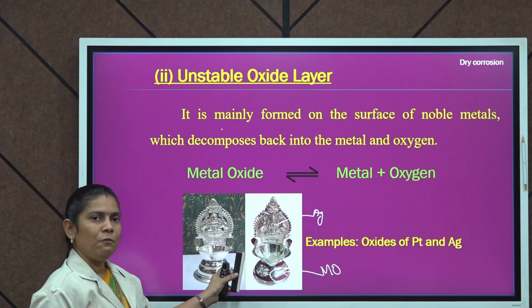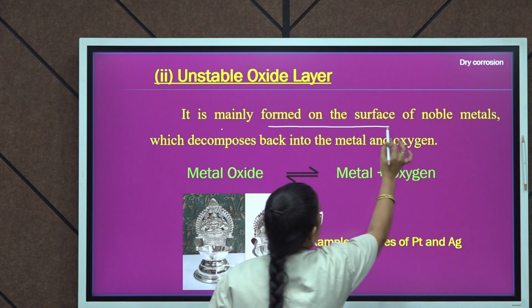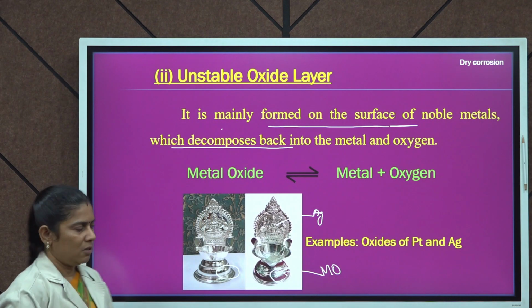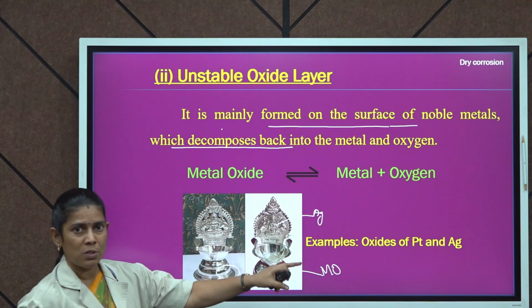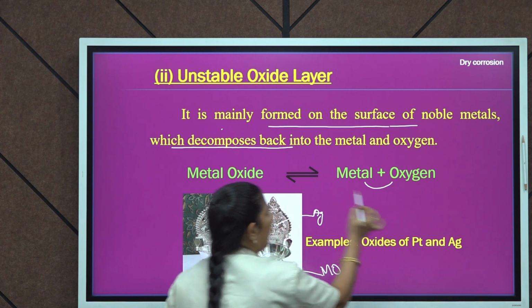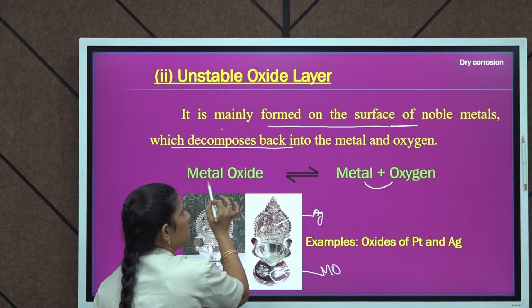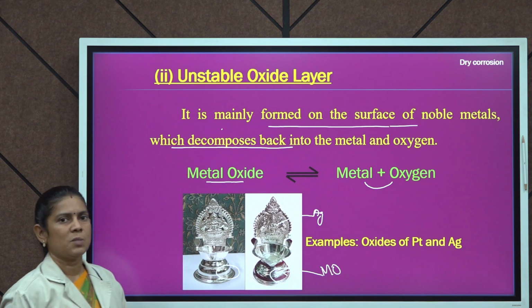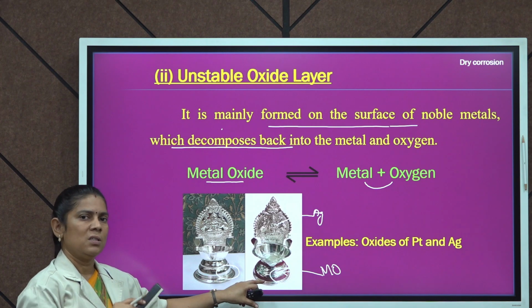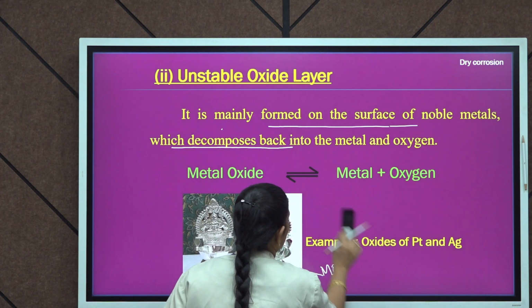But a layer forms, and the formed layer on the surface decomposes back immediately. Once the metal is exposed to the environment, it combines with oxygen, and immediately it goes back from the metal oxide layer. That is, it is a reversible process. So it is not tightly held on the surface, and it decomposes back into the original state.